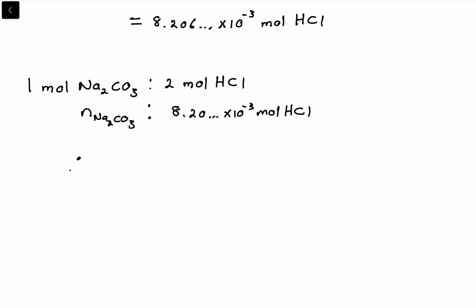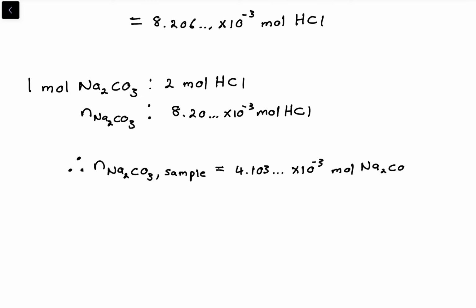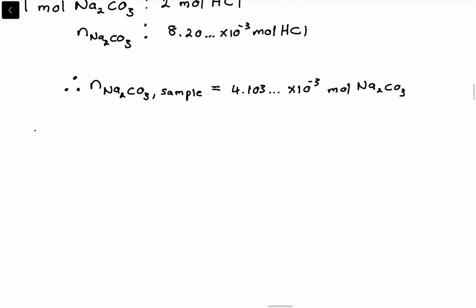So on this side, the formal way of writing this, or the big name for this, is the moles of Na2CO3 in this sample. And you should get a number of 4.103 times 10 to the negative 3 mole Na2CO3 in the sample.